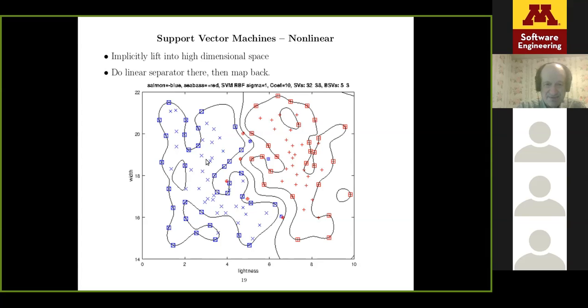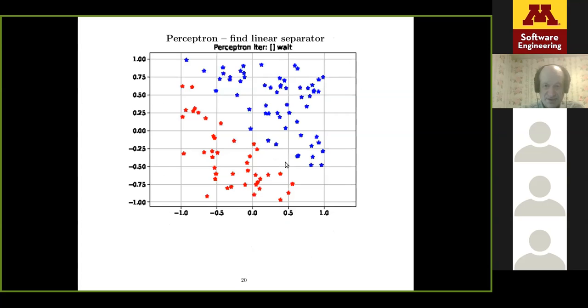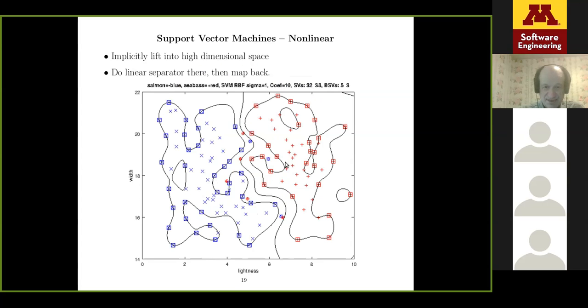The X's without any squares are in the interior of the region. And the ones with small circles around them are the ones in the no man's land between the blue and the red. And if you tighten this some more, oh, I guess I didn't show it, you get lots of little circles and the place breaks up.